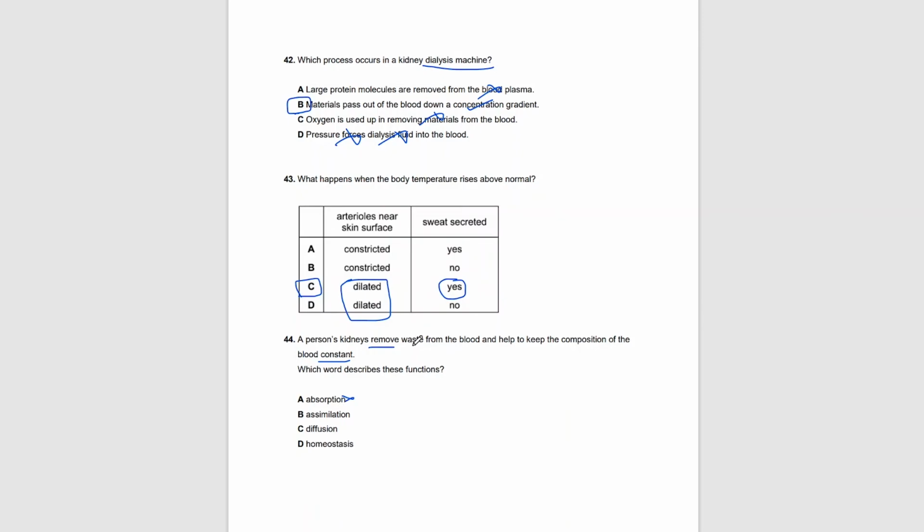Urea is not used in the body, it's just removed. Diffusion is just a movement of particles, not removal of urea. Homeostasis is the maintaining of a constant environment of the body. So when the amount of urea increases in the blood, the kidneys remove the urea to make the composition of the blood constant, which is being described in this statement.